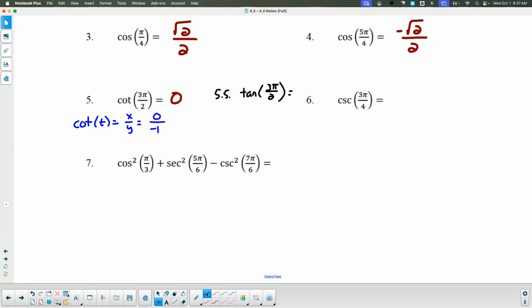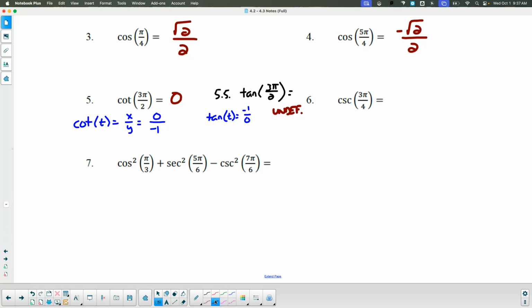So that one would be negative 1 over 0, right? And we can't divide by 0, so we're going to call that one undefined. Okay? Undefined for that one, because we can't divide by 0.